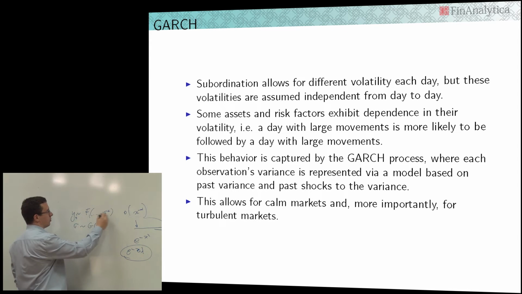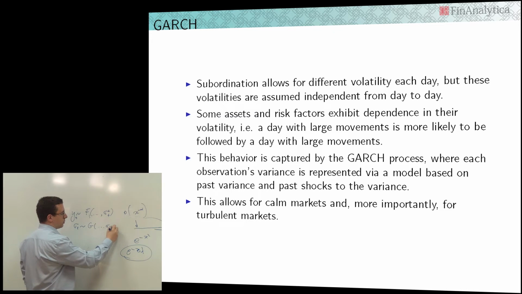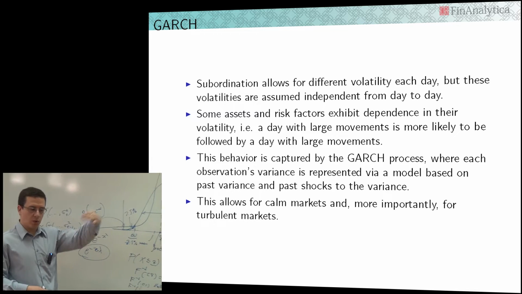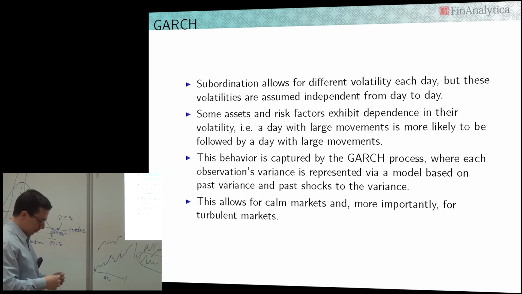And usually we have time varying here, and this would probably depend on the previous variance, and so on and so forth. So we're moving up a step in this sense. It's a more complex method.